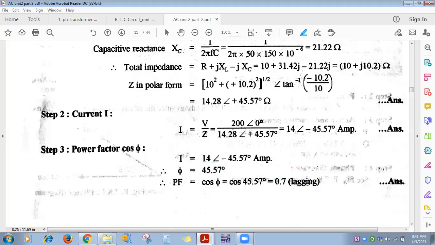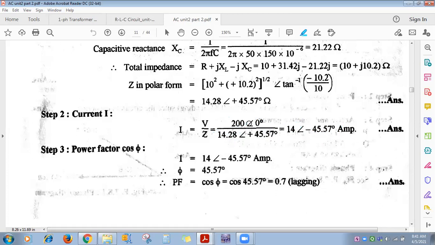Okay, now total voltage you know, total impedance you know. So total voltage divided by total impedance, total current you can calculate. You can do calculations only in terms of magnitude. But if options given are in polar form, then compulsorily calculations you have to do in polar. Got the things?